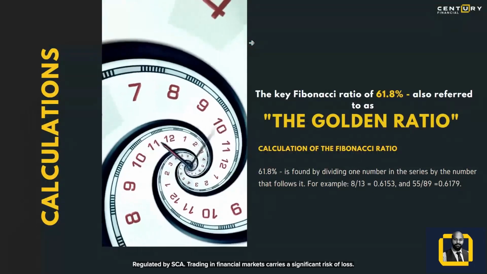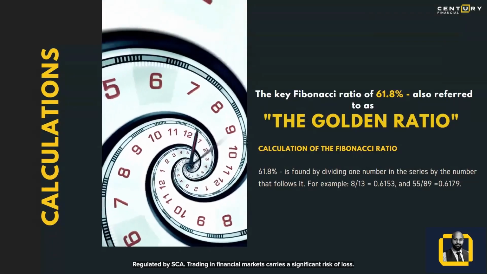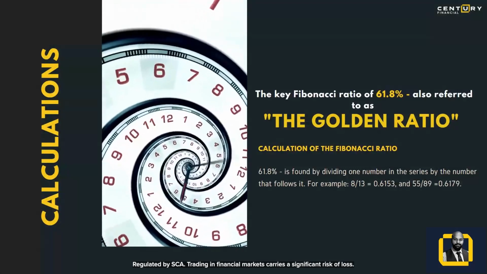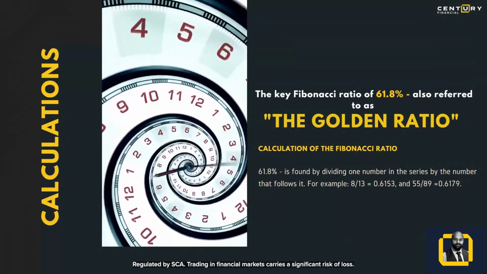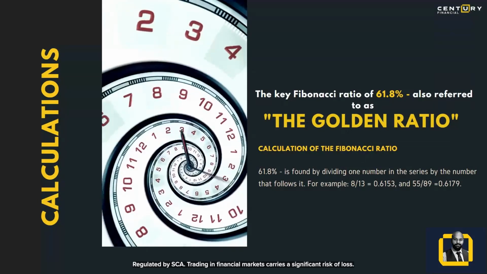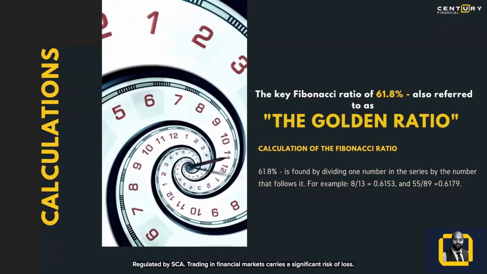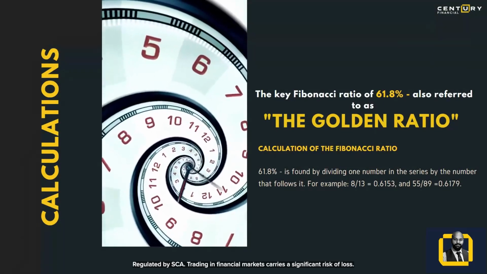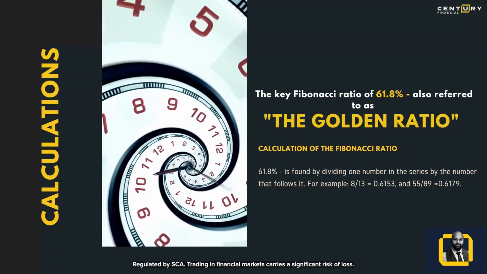Now, coming to the most important thing, how do we use those numbers? We use them as ratios so that we get percentages out of them. And these percentages are what we use to measure how much a market can drop, or how much it has dropped, and where a market could potentially reverse from. Now, 61.8 specifically is known as the golden ratio.